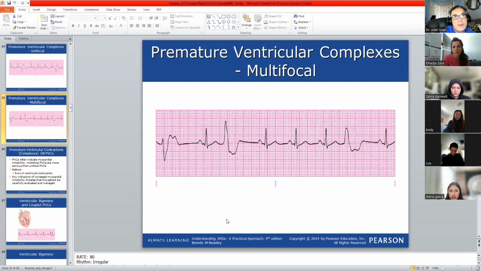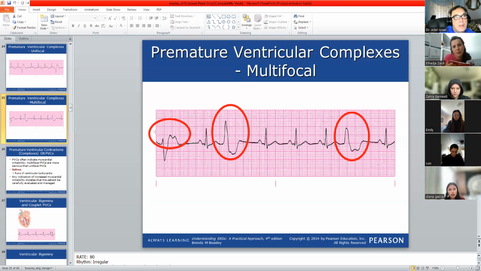Like what? Look, guys, if I highlight these arrows, what do you think? Look at this one. Different. And what about this one? Multifocal. And this one? This is not the same, right? So this is not like this, not like this. So it is multifocal.